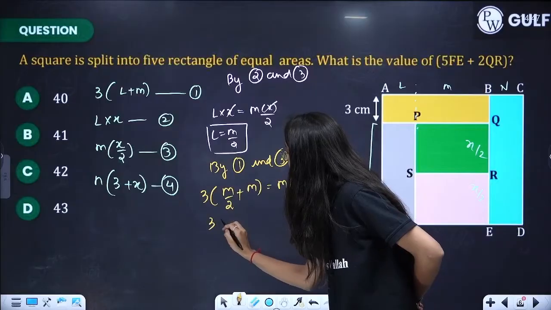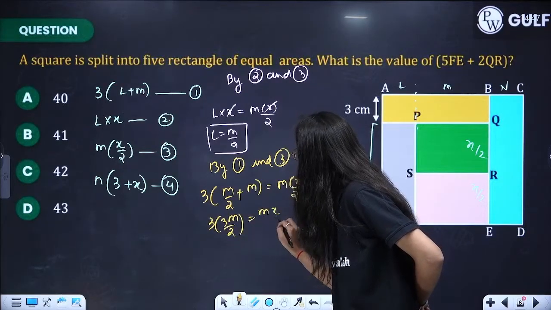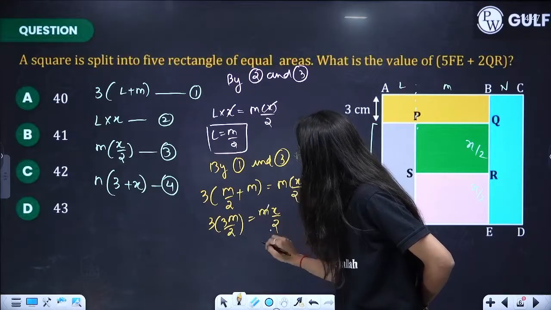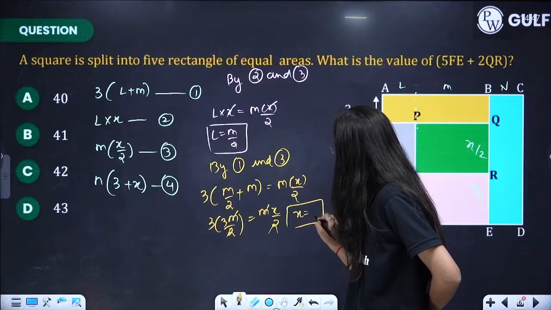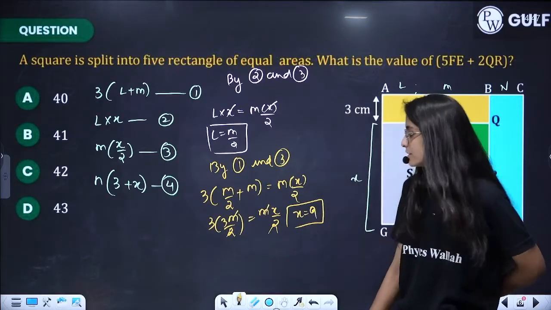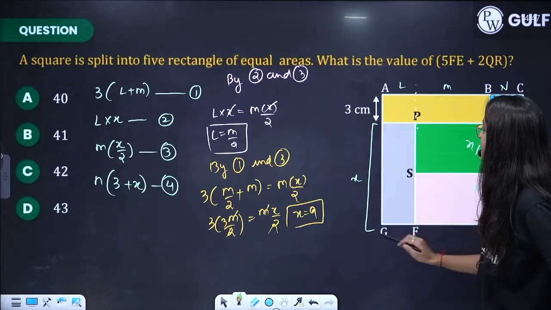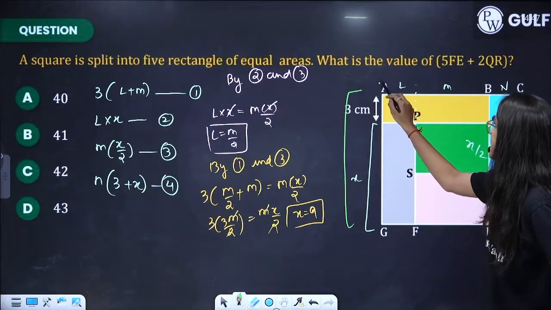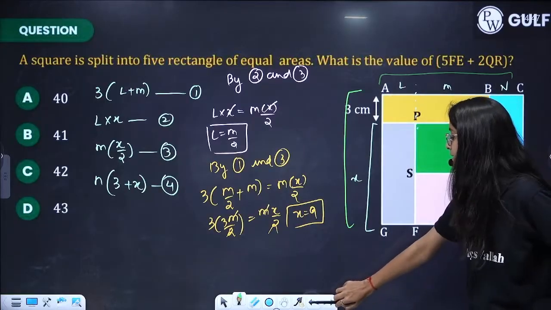By taking the LCM, I'm getting 3M divided by 2 is equal to Mx by 2. M by 2 cancels out. So the value of x you have obtained is 9, since 3 threes are 9. Now, we have one more relation. If you have observed, it's a square, so the sides will be equal. So 3 plus x is equal to L plus M plus N.